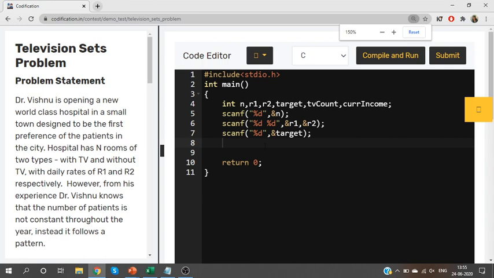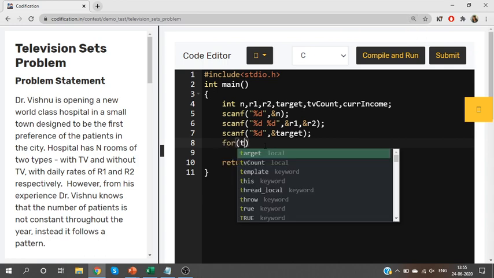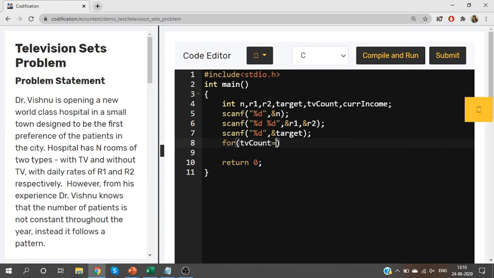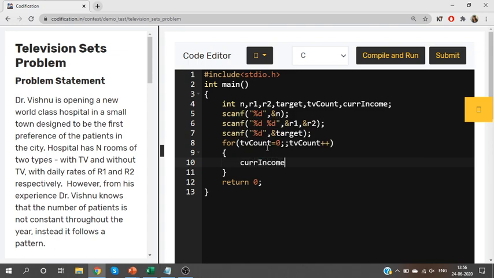Initially TV count will start from 0. We will keep increasing the TV count. Each time calculate income. There is some calculation part we are going to fill up here. Let me say it is a function.